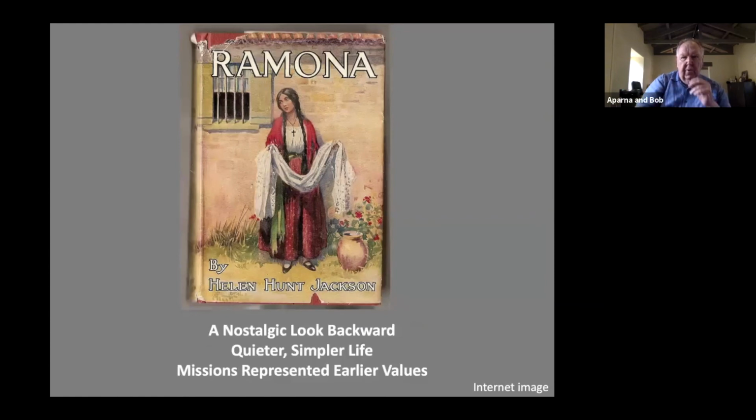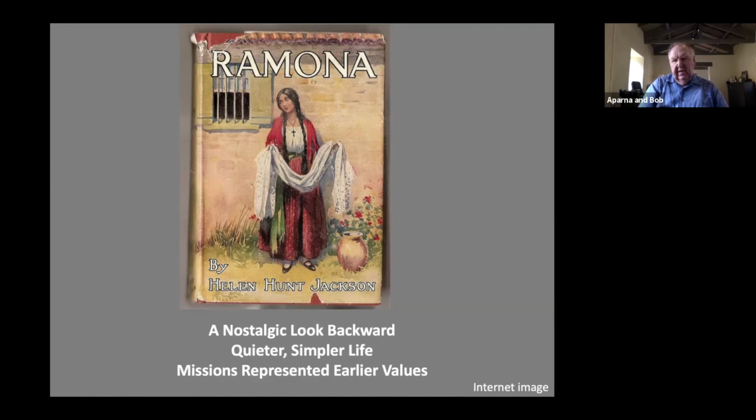In further support of this nostalgic look backward was a romance novel written by Helen Hunt Jackson, Ramona, about a woman of Scottish Native American heritage, who lived in the remaining days of the Mexican era.